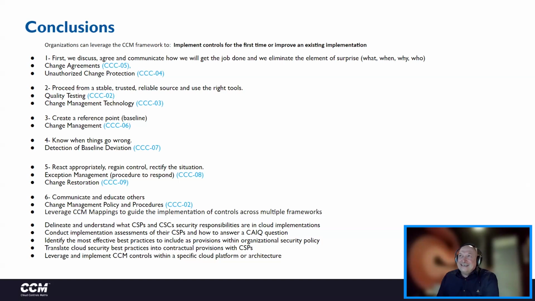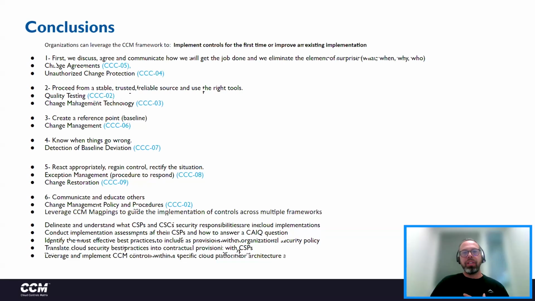So in conclusion, from my side, I just think cloud service providers as well as the cloud service customers need to be proactive. Don't make assumptions and don't assume the other entity will have everything under control. Make sure you delineate and understand the impact of and take ownership of these responsibilities.